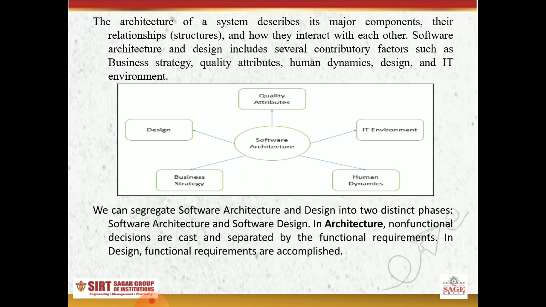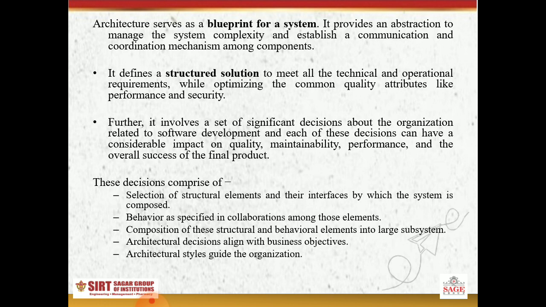Software architecture has some attributes like quality attributes, IT environments, human dynamics, business strategy, and design. And architecture serves as a blueprint for a system. It provides an abstraction to manage the system complexity and establish a communication and coordination mechanism among components.